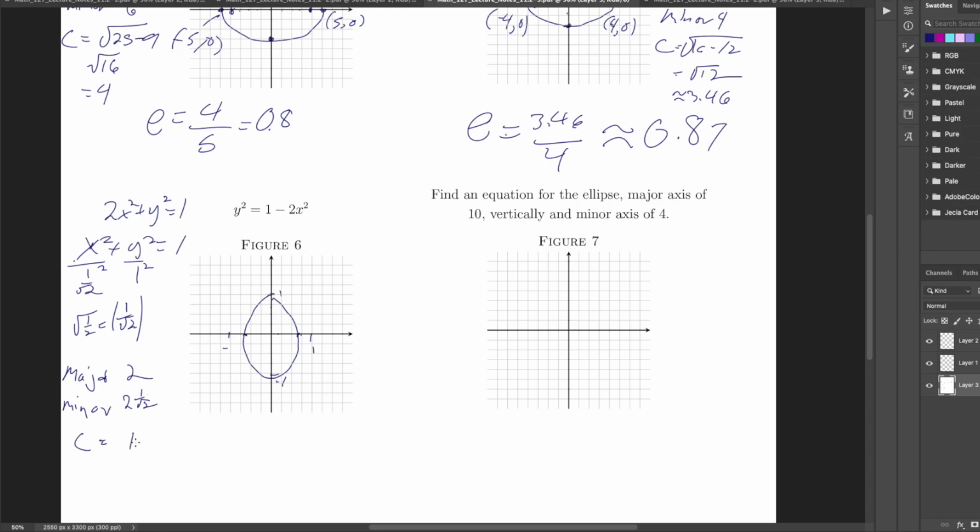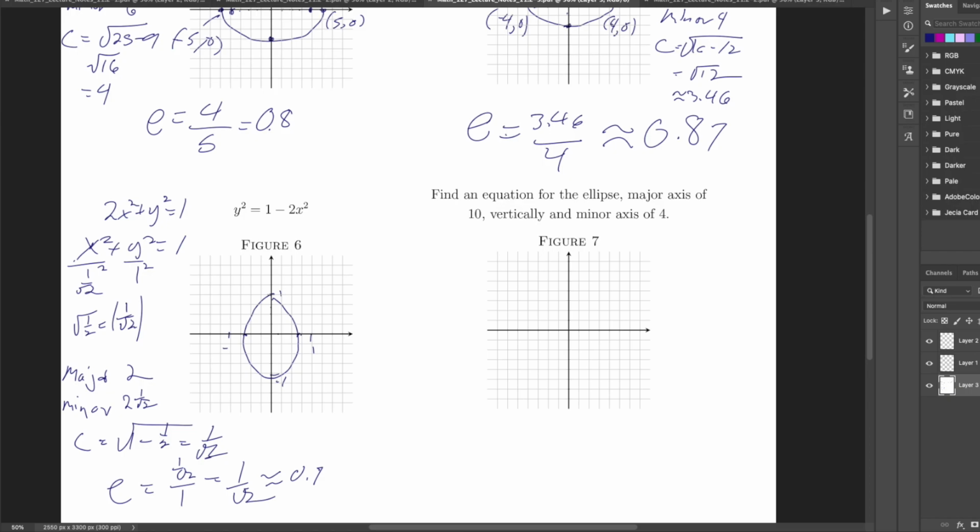Alright, our c is equal to 1 minus a half. And so c here is 1 over the square root of 2. And so our eccentricity would be 1 over the square root of 2, which is roughly, remember, 0.7.